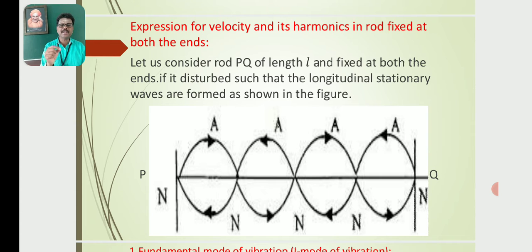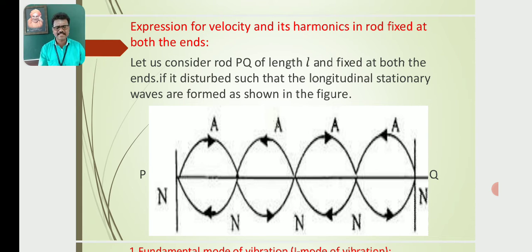Similarly, if a trough of one wave falls on the crest of the other, or vice versa, then at that point the displacement is zero, the amplitude is zero, the intensity is zero, and that point is known as a node.